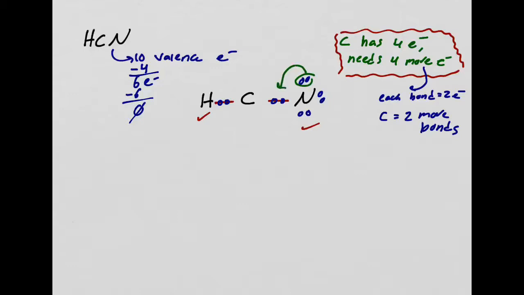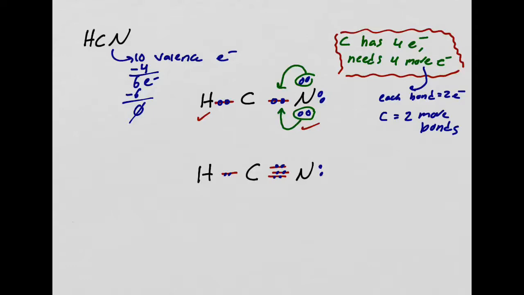I need to make 2 more bonds, so it'll be carbon attached to hydrogen, and a triple bond to nitrogen. Let me actually draw all these so you can see.